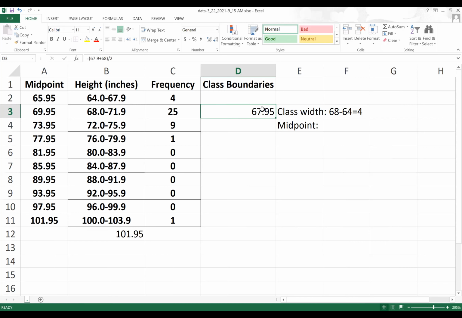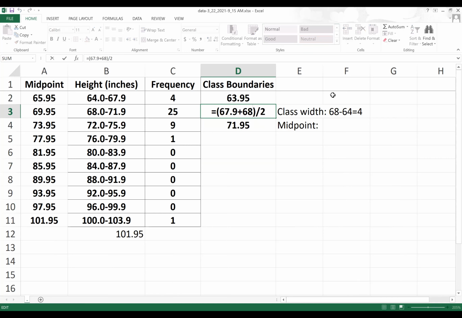And applying the pattern, the first one should be this number minus 4. And if you look at this number, it should be right in front of the 64. If that's the case, that means you have the right class boundary for the first one. And from there, we can just add 4, right?